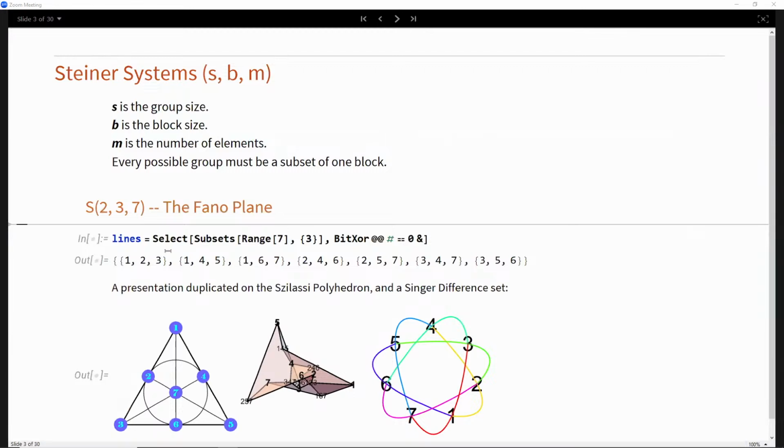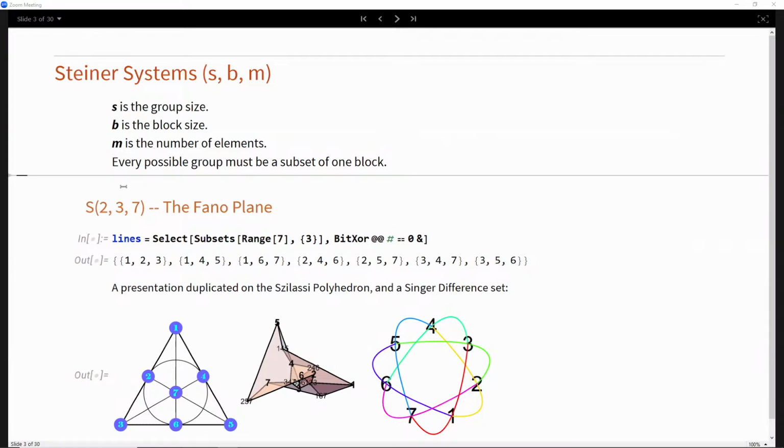So, for example, 1, 2 is a pair of size 2. There's also a block size. Each of these blocks has a size of 3. And then there's a number of elements in the whole thing. Everything here is 1, 2, 3, 4, 5, 6, or 7. So the number of elements in this is 7.